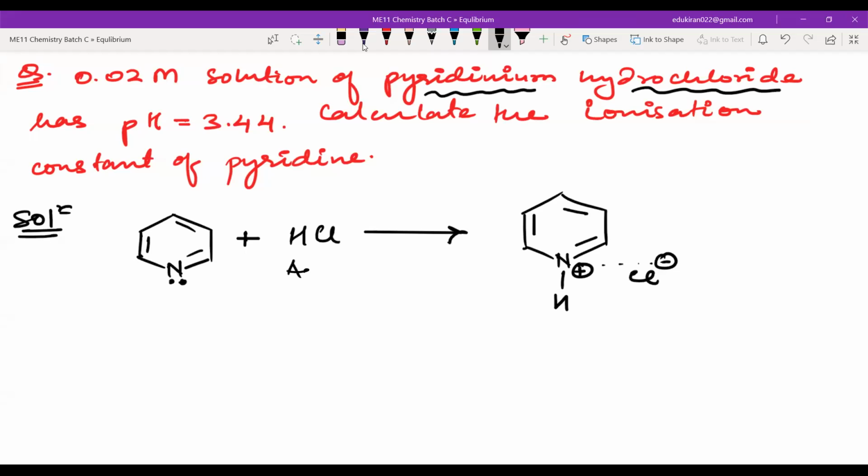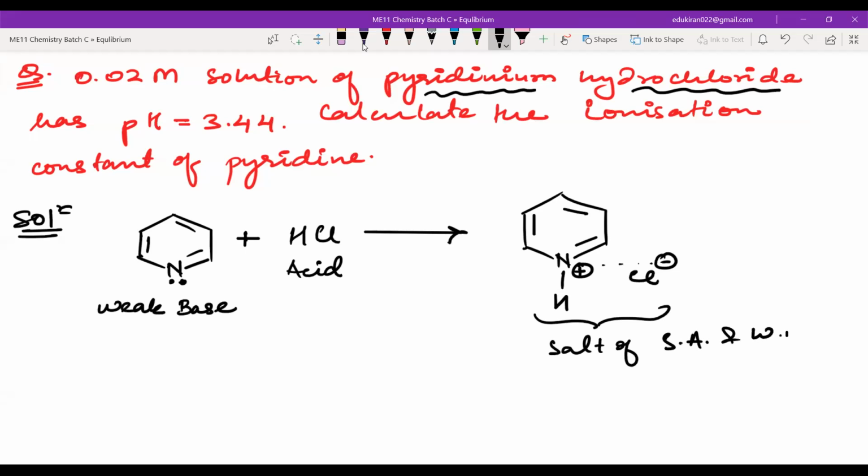This is a weak base, and we can classify the salt as a salt of strong acid and weak base. Yes or no, guys? Any problem till here?